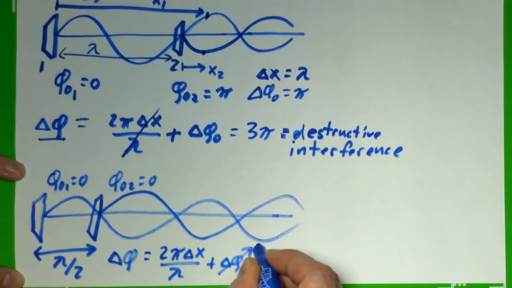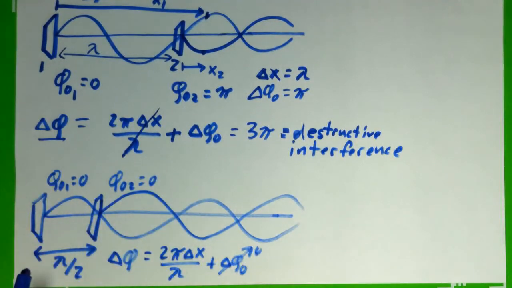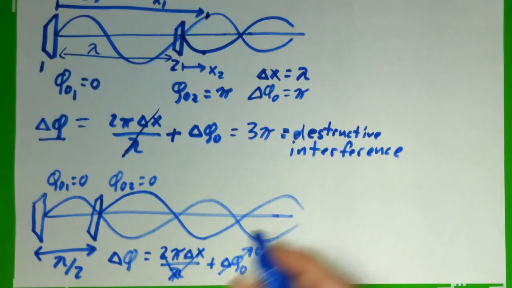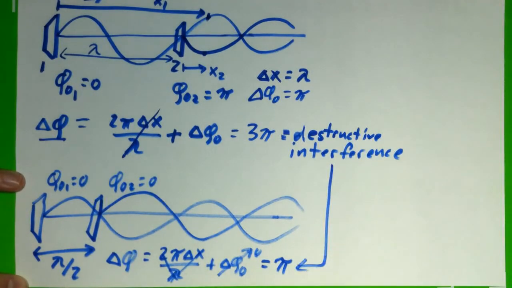Now that's 0 because they're both the same. And delta x is now lambda over 2. So the lambdas cancel and the 2's cancel, leaving me with pi. So this equals pi. So these have an overall half cycle difference, which is again destructive interference.